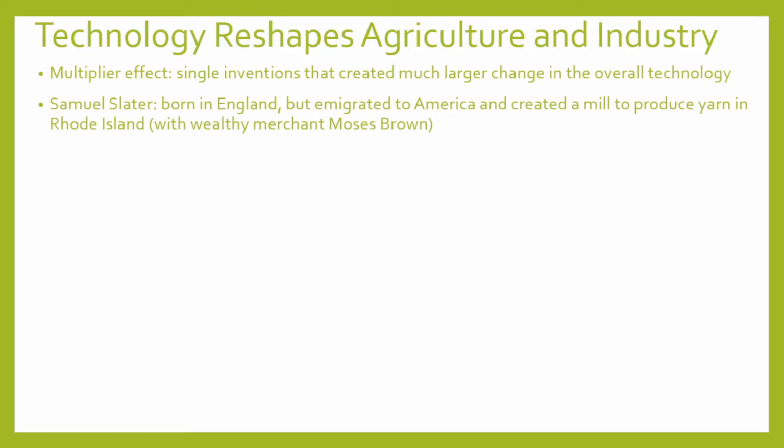And also, he couldn't bring any of the machines with him to show the Americans how to build it. He had to just memorize it and rebuild it when he got here. So it was still kind of technically corporate espionage, but whatever. He made money off of it.